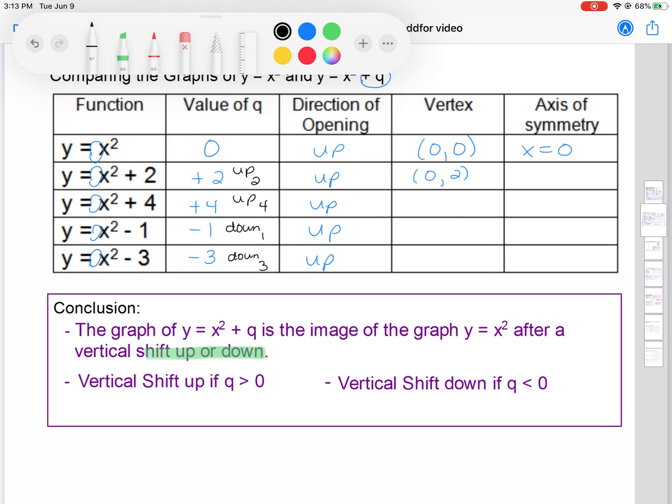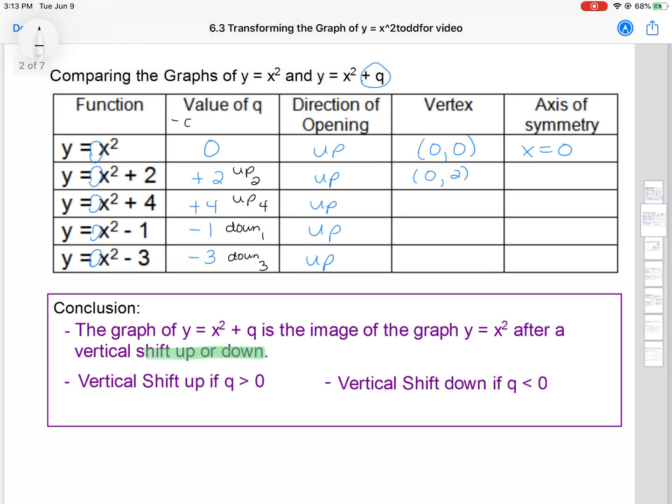So maybe if you want to write this here, changes y value of vertex. Or you can write that over here if you want. They go together. Okay. So then this is 0, 4, 0, -1, and 0, -3. Sorry, that's a terrible 3. Okay, and the x value is still 0, so the axis of symmetry is still 0.